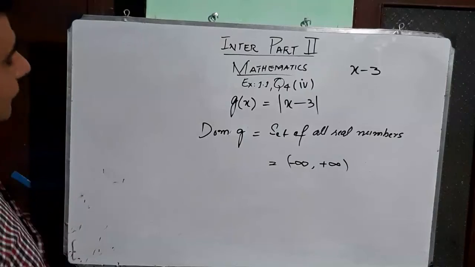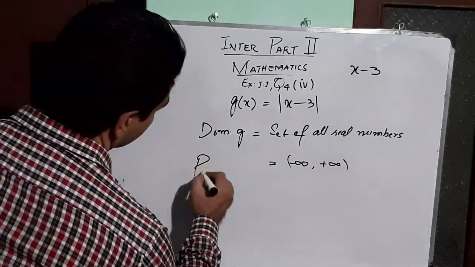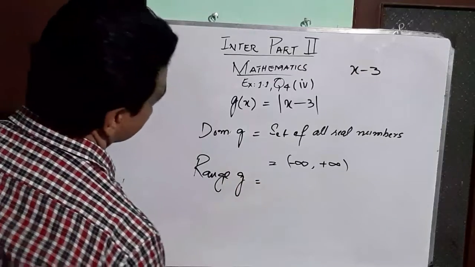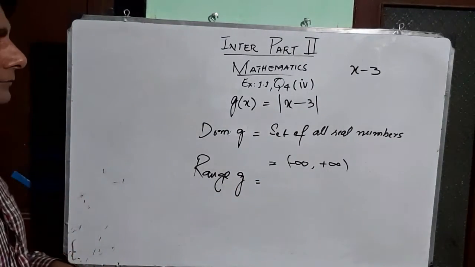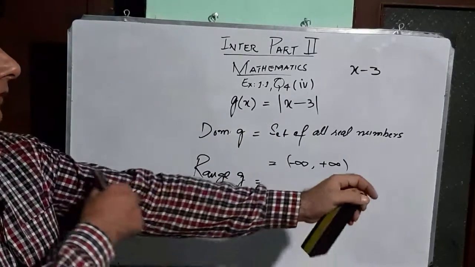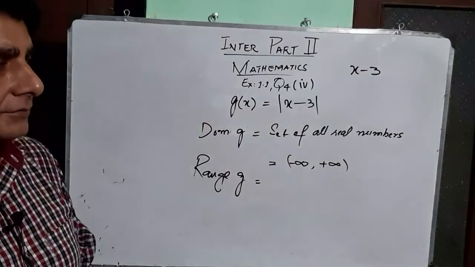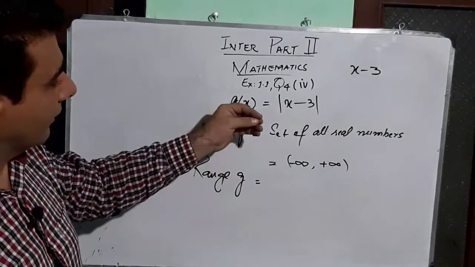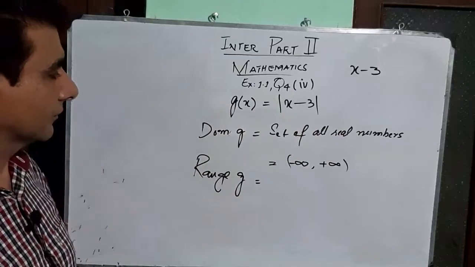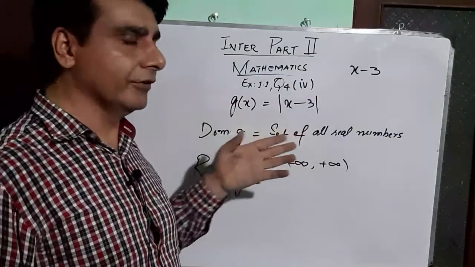Now we find the range. For range, we input the domain values, that is the set of all real numbers. Each and every real number we will put in this absolute function. It will result in a positive value.